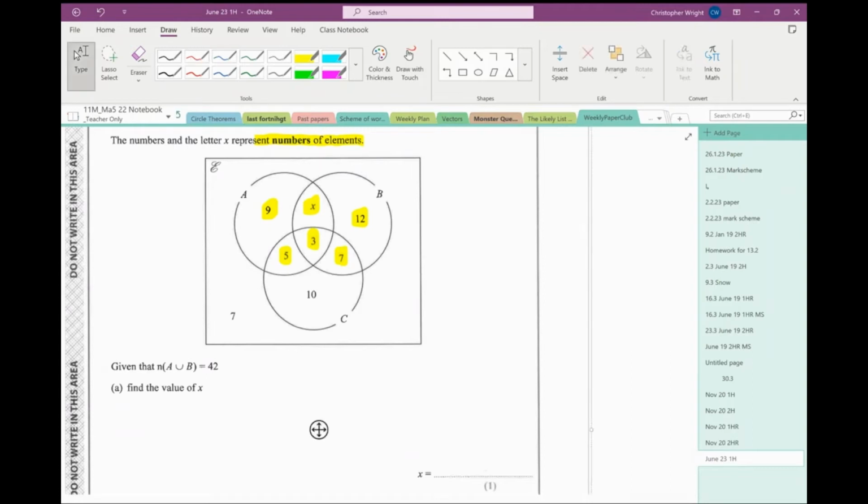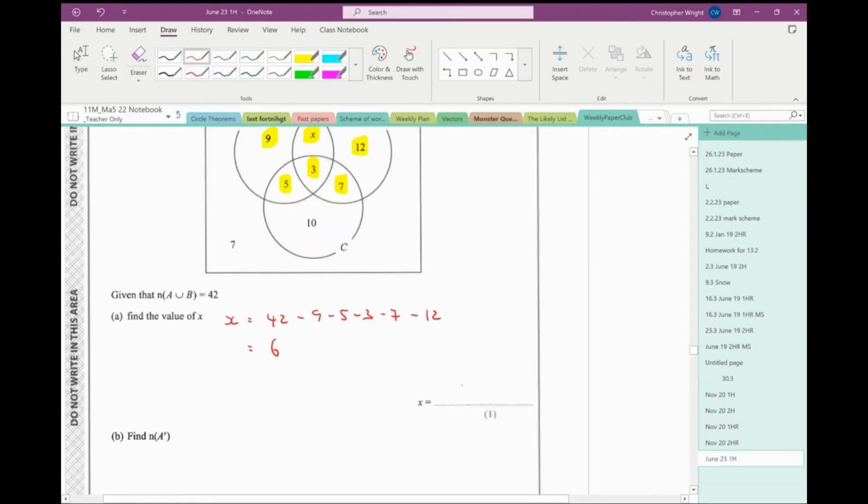So x is equal to 42 minus 9 minus 5 minus 3 minus 7 minus 12. So x is equal to 6.